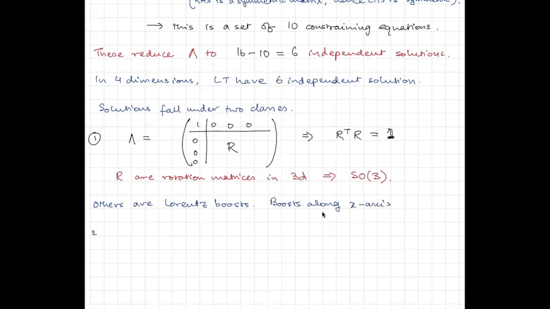So this is going to be of a form like this. Lambda is equal to gamma, minus gamma beta, minus gamma beta, gamma. And here you are going to get zeros, and here you're going to get a 1. So these are 2 cross 2 matrices here.